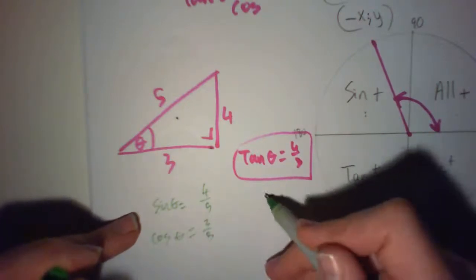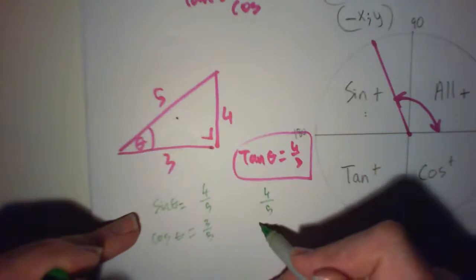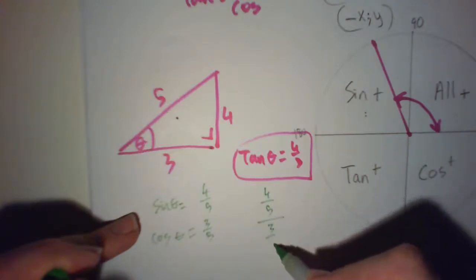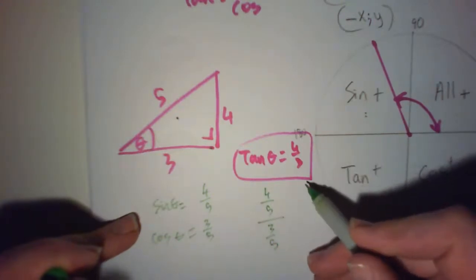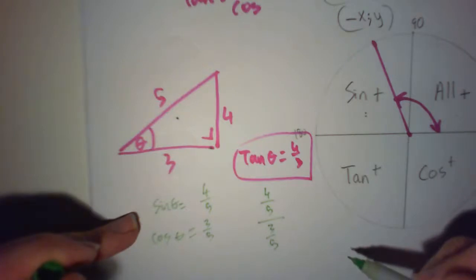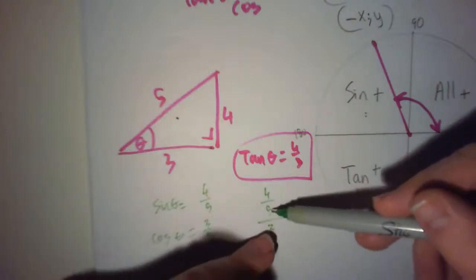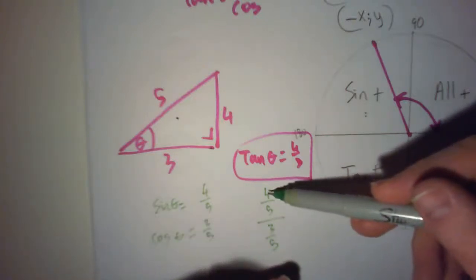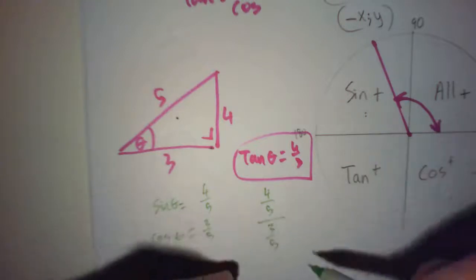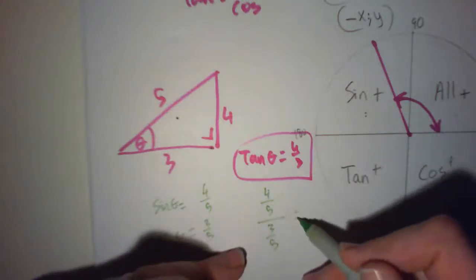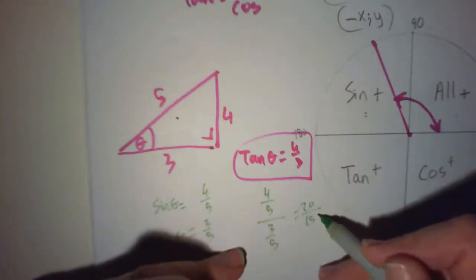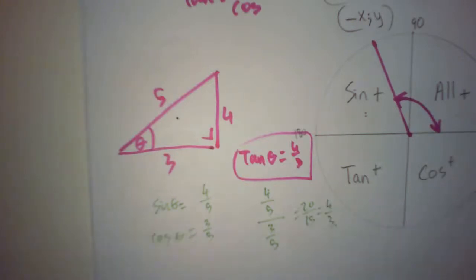So if I'm right, 4 over 5 divided by 3 over 5 should be 4 over 3. And is it? Yes, it is. Watch. What's our rule? Top by bottom, middle together. That's 20 over 15, which is 4 over 3.